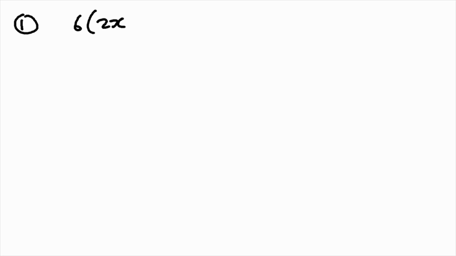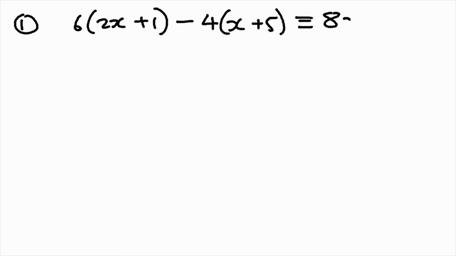So our first example is 6 lots of 2x plus 1 minus 4 lots of x plus 5, and we're saying this is always equal to 8x minus 14. Now what we want to do is manipulate one of the sides.